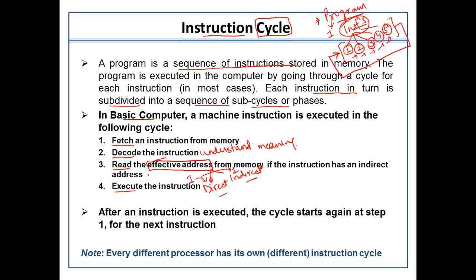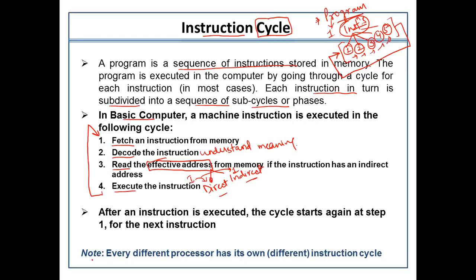After performing all these four phases, we again begin with the next instruction and start with the fetch phase, decode, read, and execute. It will keep on going like this, so this loop keeps going as soon as your machine is powered on. That is why we call this the instruction cycle.